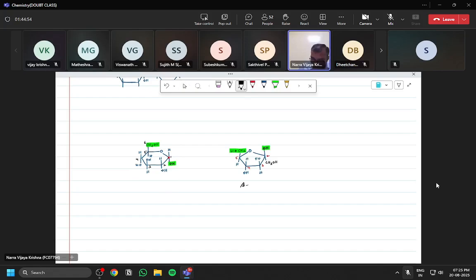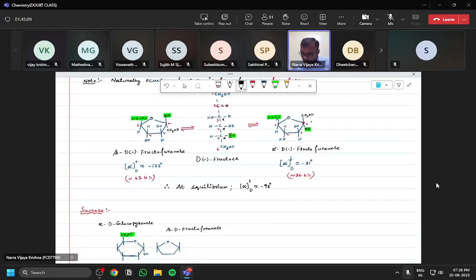Now, observe this group. Is it a hemiacetal group or not? Response, sir. Yes, sir. In the same way, observe here also whether this is a hemiacetal group or not.